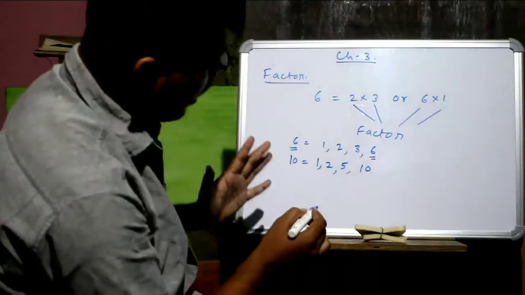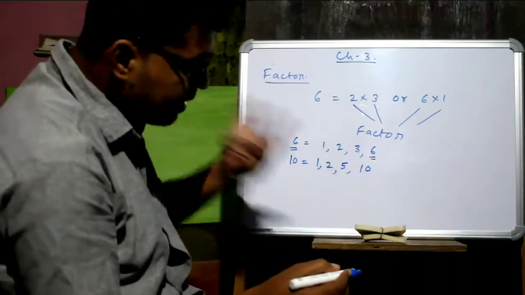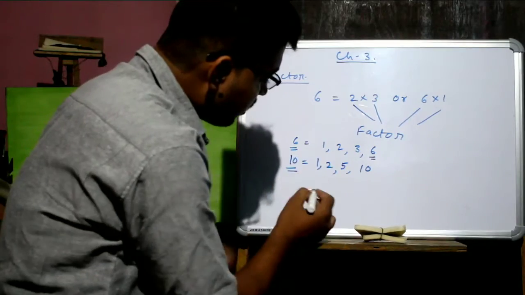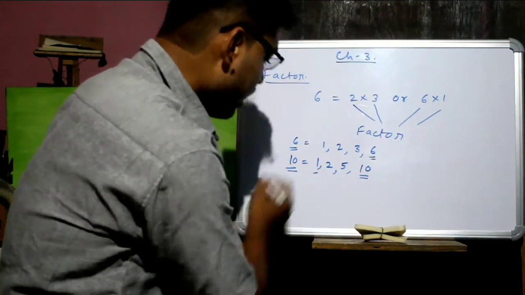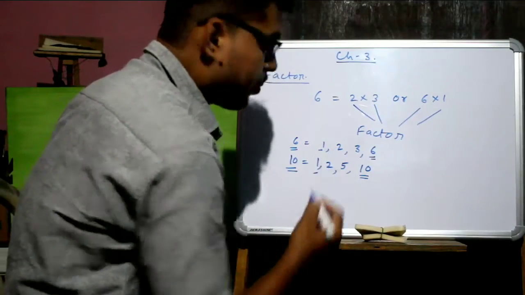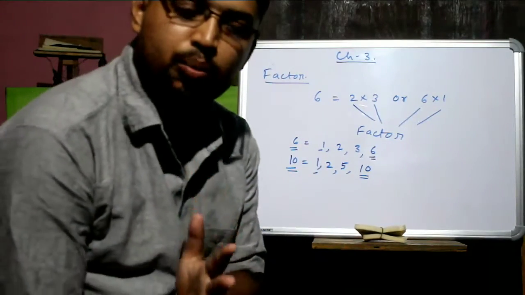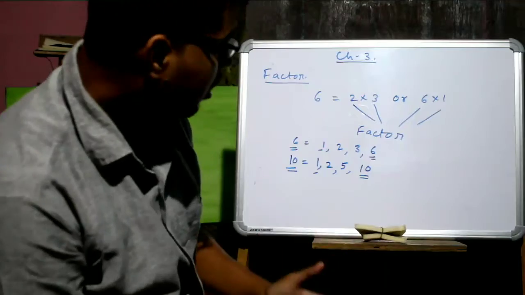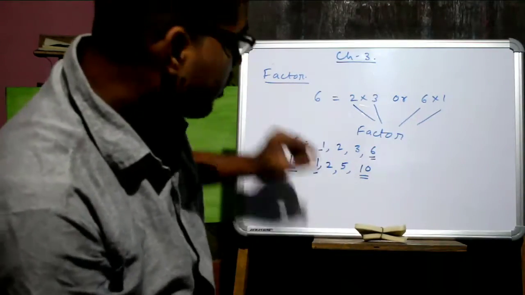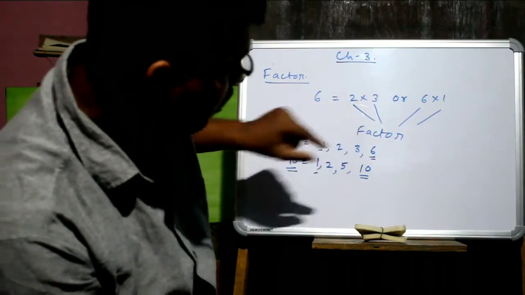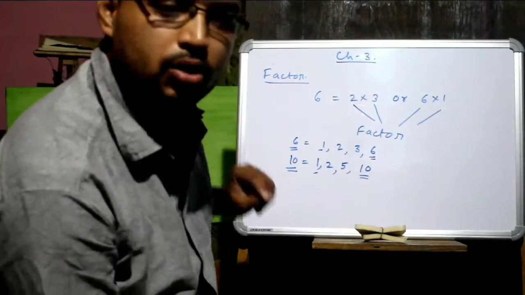Every number has a factor which is itself: 10's factor is 10, and 1 is also a factor of 10 and of 6. So 1 is a common factor of all numbers, and any number is also a factor of itself. 6 is a factor of 6, 10 is a factor of 10.